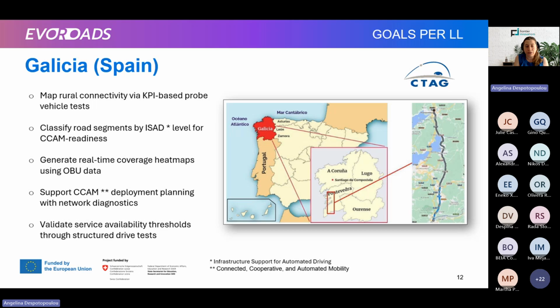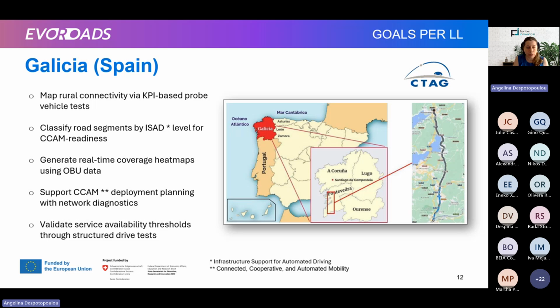They will be classifying road segments across the various levels of the ISAD model I mentioned before. They will generate real-time coverage heat maps, and they will say, okay, we have those various levels, which road part belongs to which level. This will be visualized through the map.